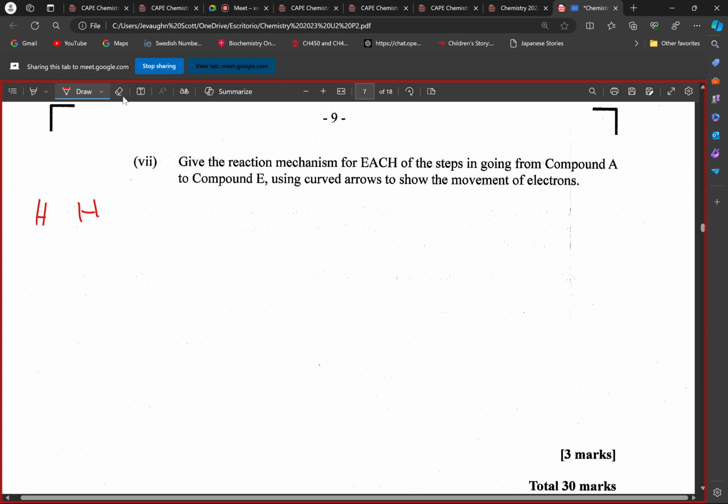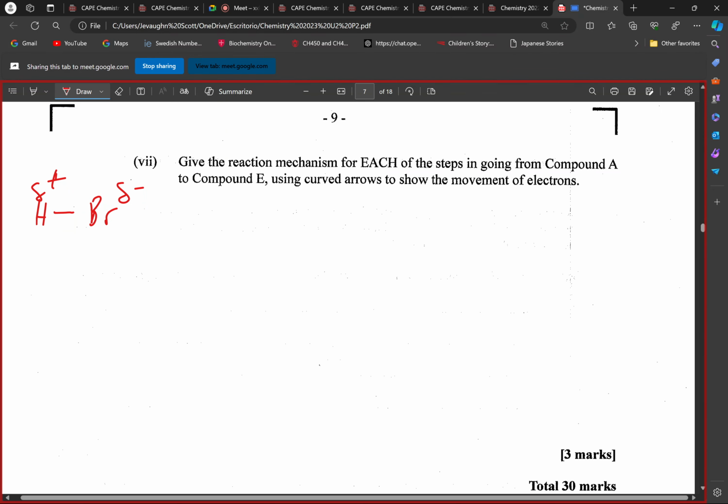Okay, so let me erase this one. We have our hydrogen bromide existing. Bromine is more electronegative than hydrogen. Therefore, we're going to have a slightly negative here, slightly positive. So we have that there.